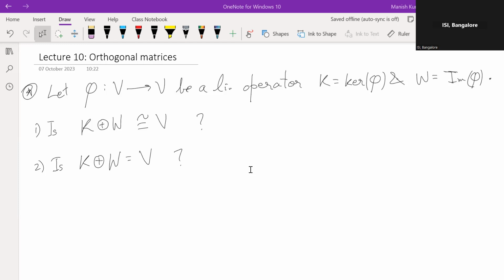How many of you think this is true? How many of you think it's false? So what does the isomorphism theorem tell us in terms of phi?